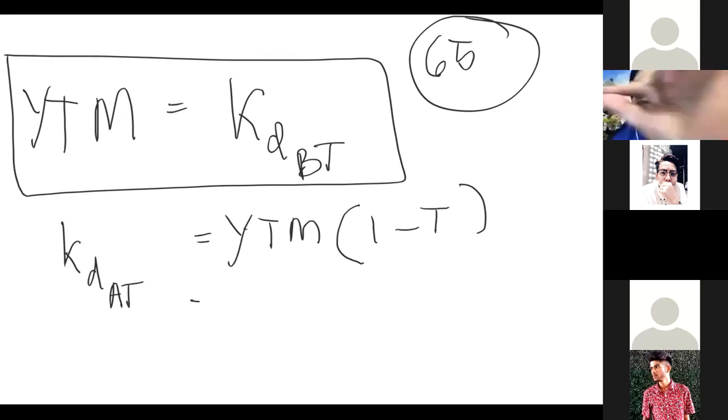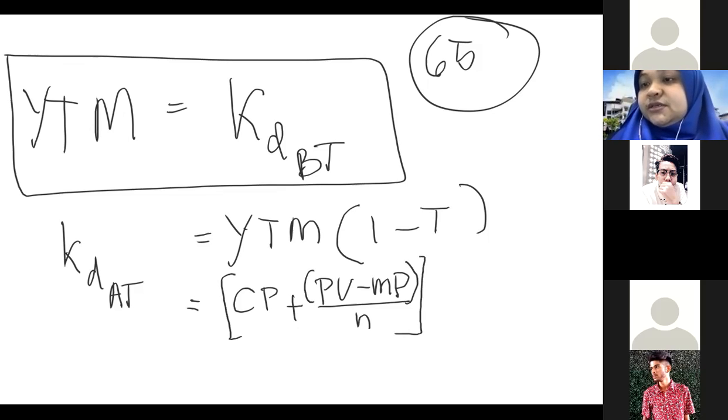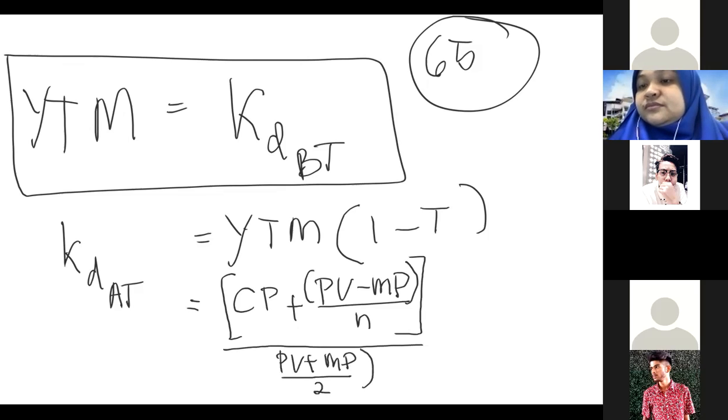So it shows you the formula of YTM, which is coupon payment plus par value minus market price, where market price means the market value of the bond, divided by the maturity years of the bond. So this answer you divide with the answer of par value plus market price divided by 2.